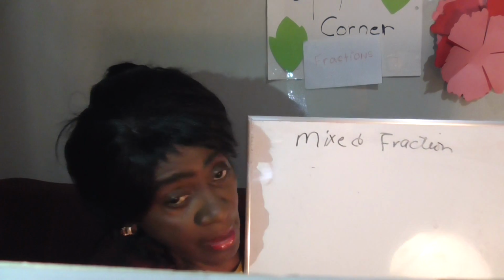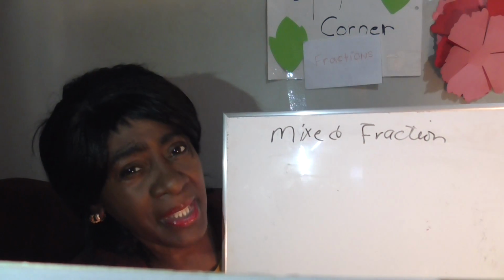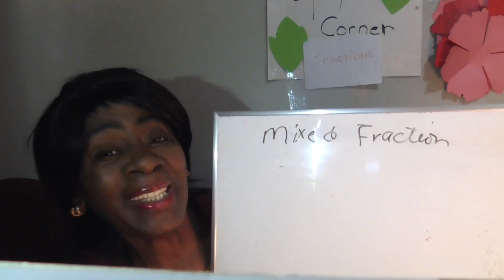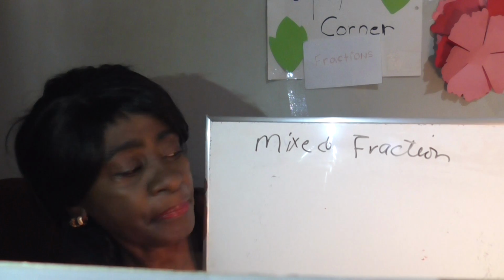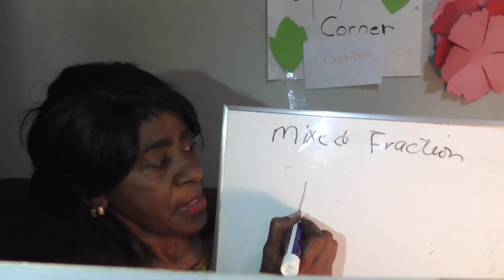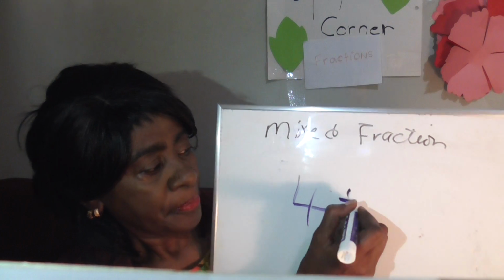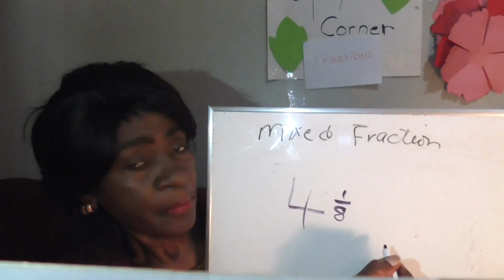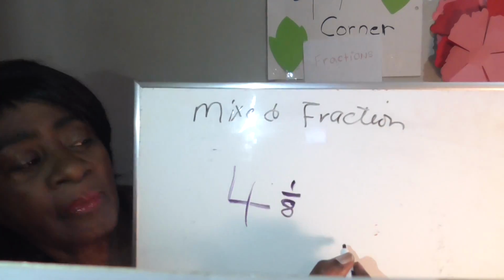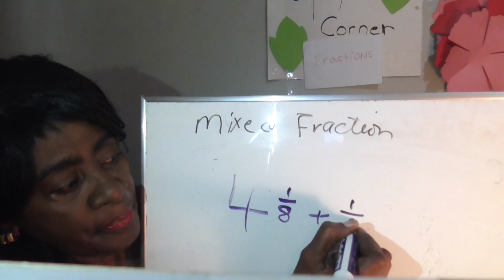Now, sometimes we can convert a mixed fraction, which is usually the next step in math, to an improper fraction. How do we do that? A mixed fraction is a whole number and a fraction. We're going to add another fraction.